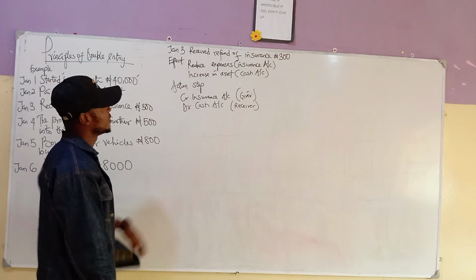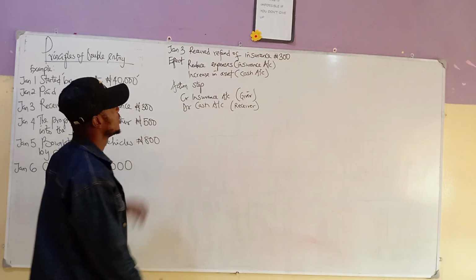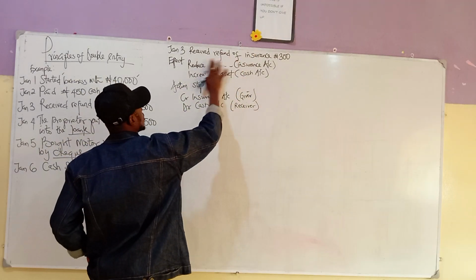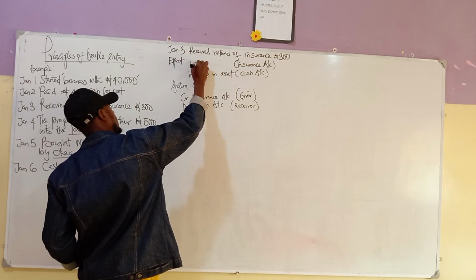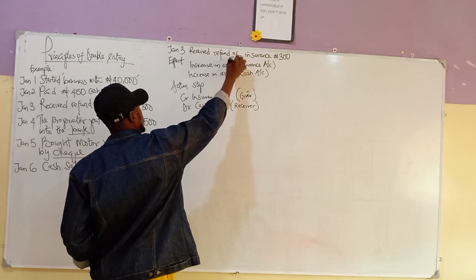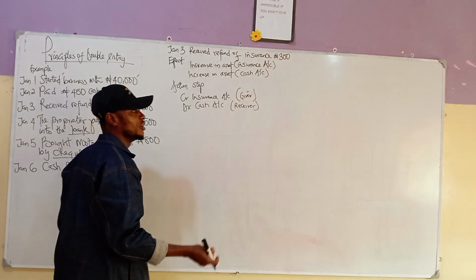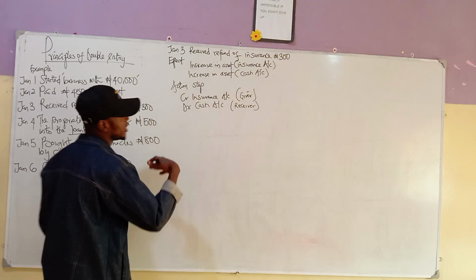For a better understanding, you can just say increase in assets, so that when we are posting, we'll have a better understanding of it. It also increases, which is the same thing as a reduction in expenses, meaning you are not paying for that insurance, you're also receiving.